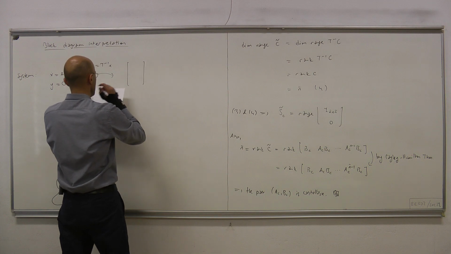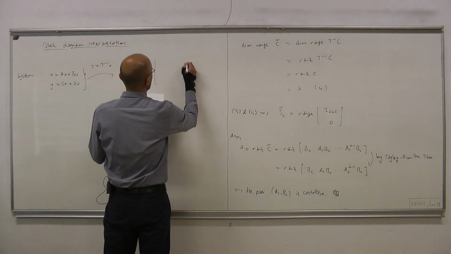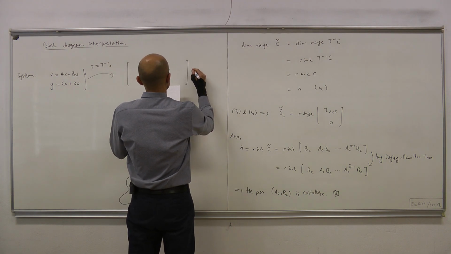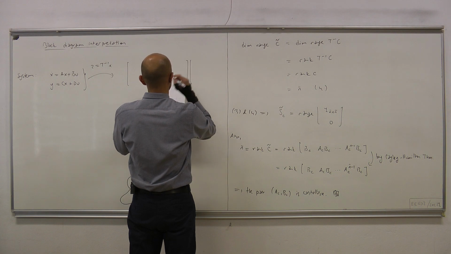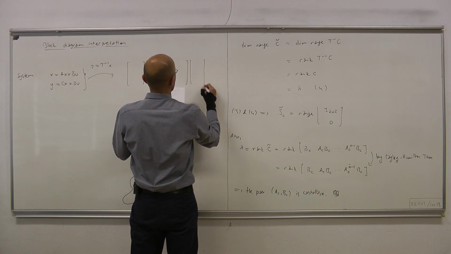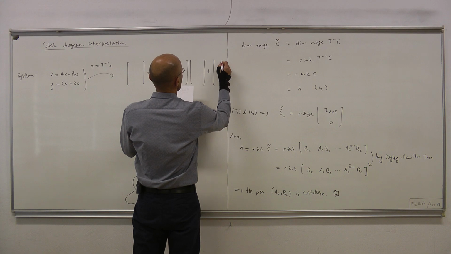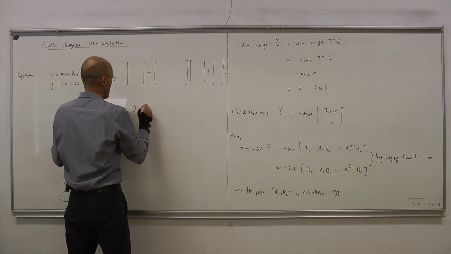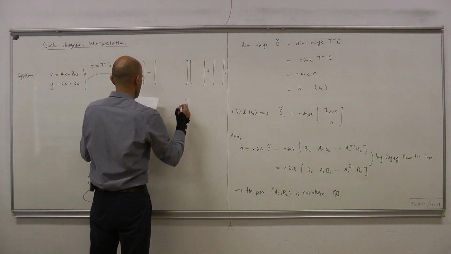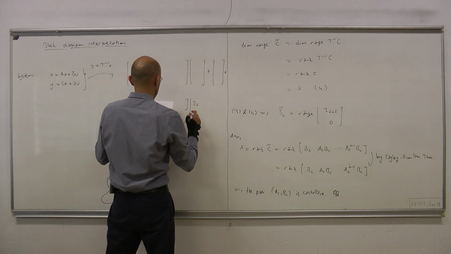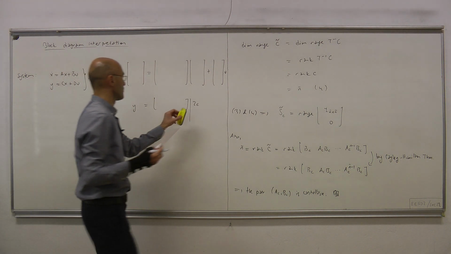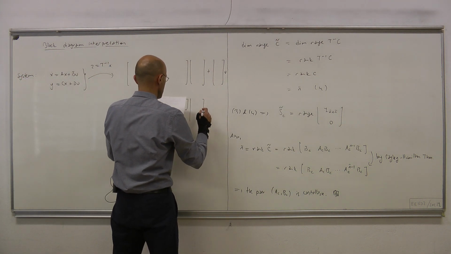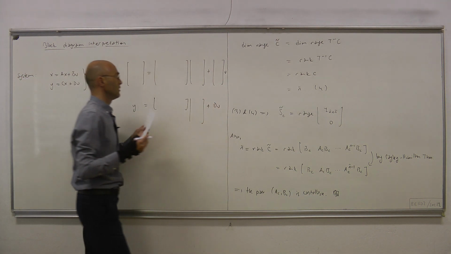Z dot equals A tilde z plus B tilde u, and y equals C tilde z plus D tilde u.